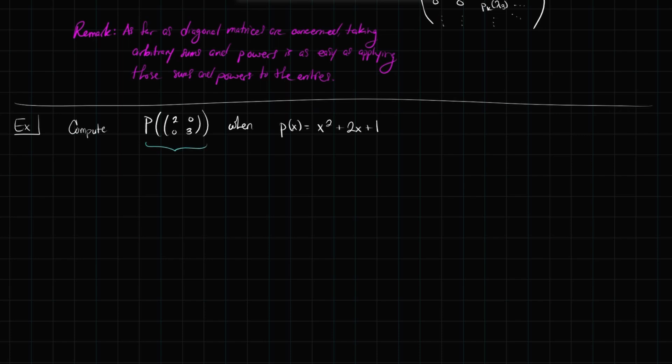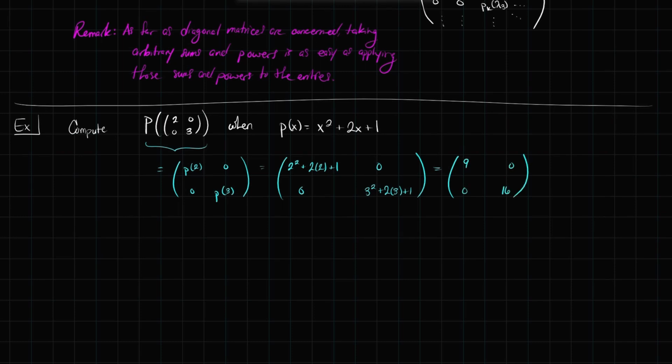Well, my theorem says that this is equal to the polynomial evaluated at 2, 0, 0, polynomial evaluated at 3. Polynomial evaluated at 2 is just 2 squared plus 2 times 2 plus 1. Polynomial evaluated at 3 is going to be 3 squared plus 2 times 3 plus 1. Or in other words, I can write this as 4 plus 4 plus 1, 9, 0, 0, 9 plus 6 plus 1, 16.